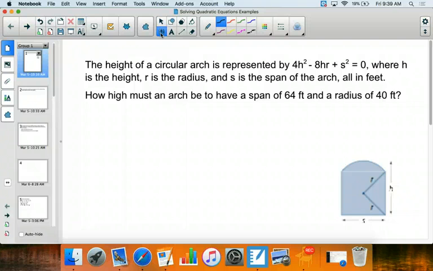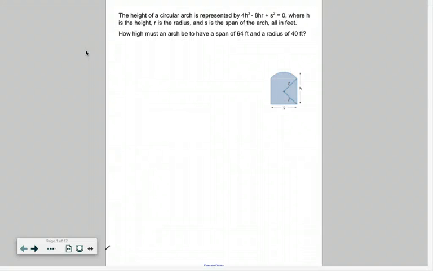All right, so in this first example, what we have is that the height of a circular arch is represented by 4h squared minus 8hr plus s squared is equal to 0. And they've told us that h is the height, r is the radius, and s is the span of the arch, all in feet. Okay?